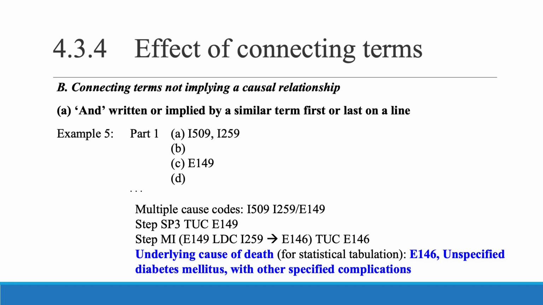But in this case, we don't move it at all. It just stays where it is and we carry on. So here, go to select underlying cause. We'd apply step SP3, getting a tentative underlying cause of E149. Again, that same linkage, that special instruction at step M1 to combine those two codes to E146 as the underlying cause of death for statistical tabulation.